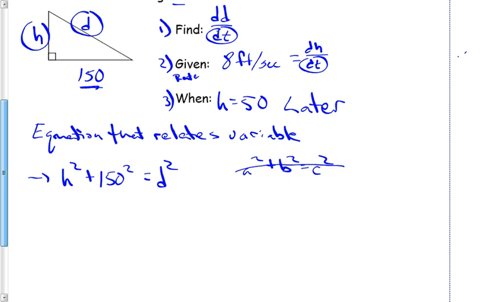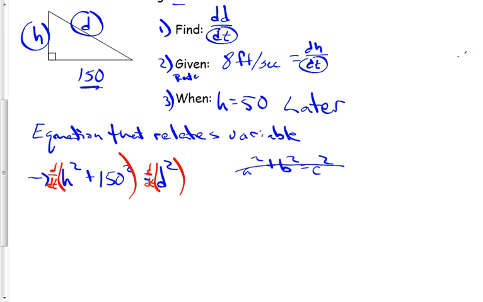No time here yet, right? But I'm going to find the derivative of this equation with respect to time. Watch how cool this works. I'm going to take both sides, and I'm going to differentiate with respect to time. Now, this is an implicit derivative, and you know how when we did implicit derivatives in the beginning, you kind of wondered, well, when do I need to do dy dx and when do I not?